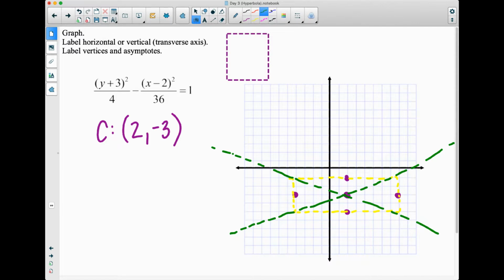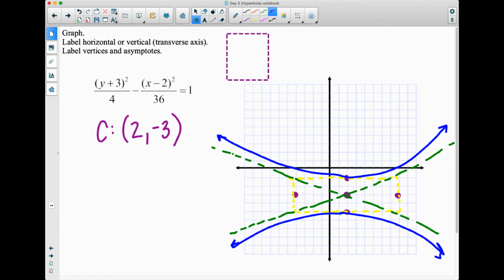So then we use the vertices up at the top and we go along the asymptotes and we draw our graph. That's it. Could you just eyeball it, or do you have to make the box and the crosses? No, you need to make the box and the crosses, just like the cosecant and secant graph. I'm not asking you to give me more points if you do the dotted stuff.